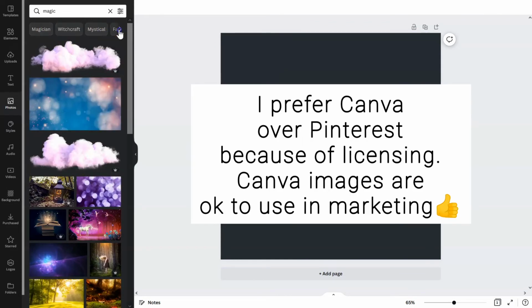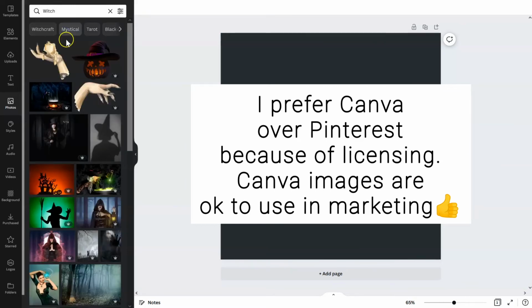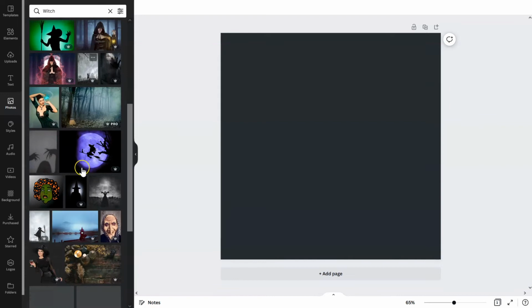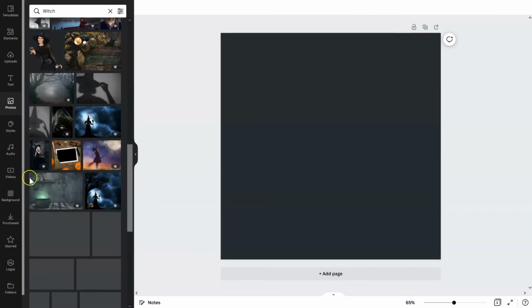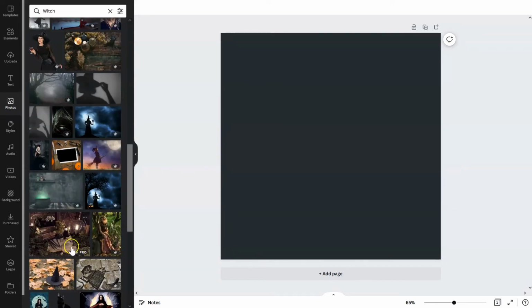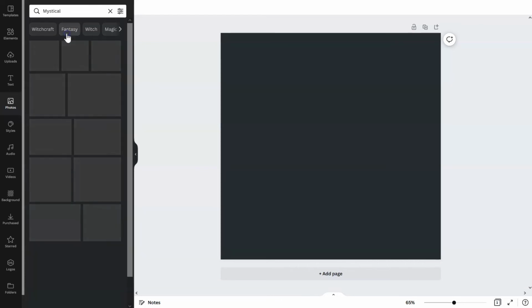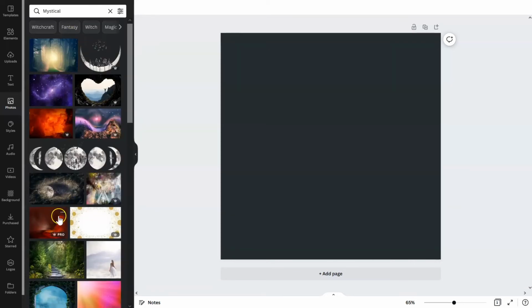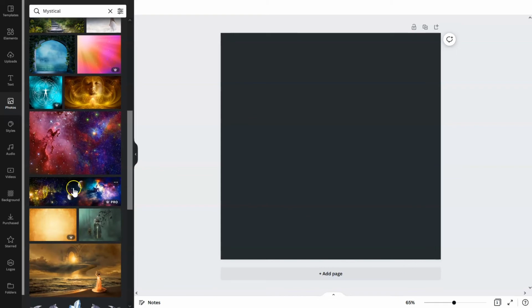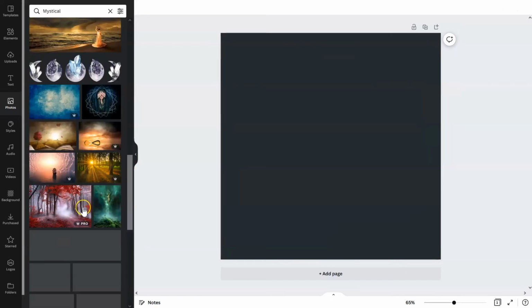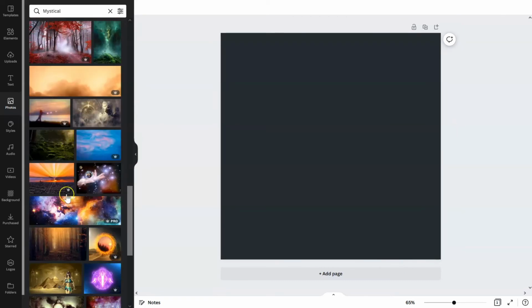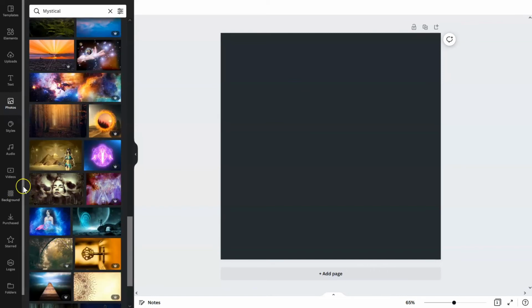Up here you get a few ways to narrow it down. Let's see, when you type in witch, it's going to be more of the typical witch. Let's see what else we get. Mystical, that's a little more what we're looking for. So with Canva, all of the images are okay to use in your marketing.